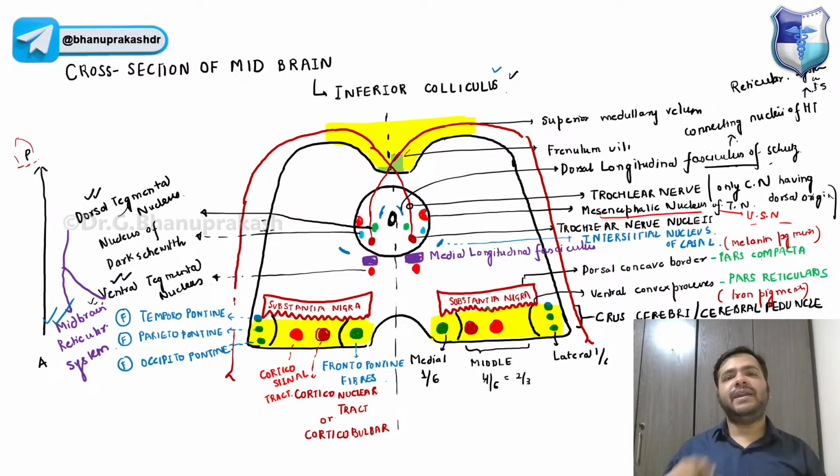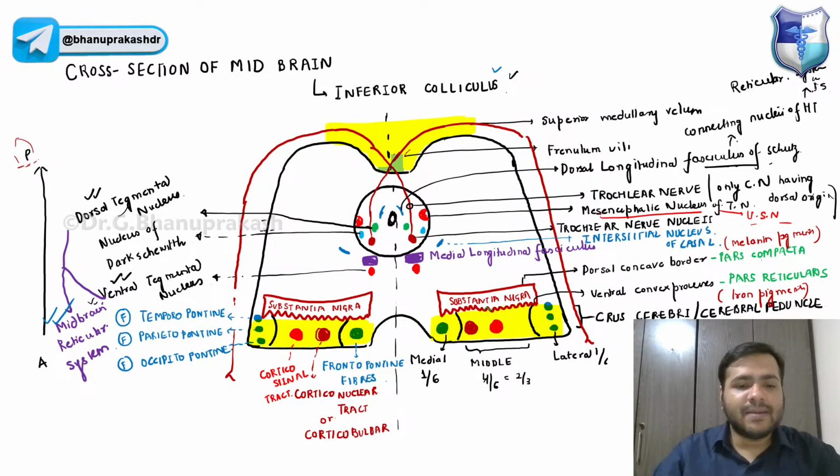Now in the tegmentum guys, we have more labeling. Let us try to complete the cross section. In the tegmentum, from anterior to posterior, we have in the middle the decussation.